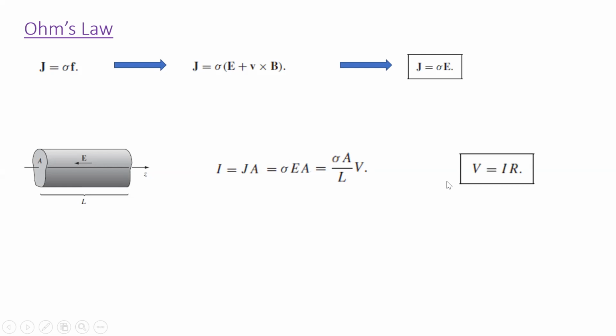So we can say V is equal to IR, where if we isolate V, we would have L over sigma A times I. So R would be L over sigma times A.